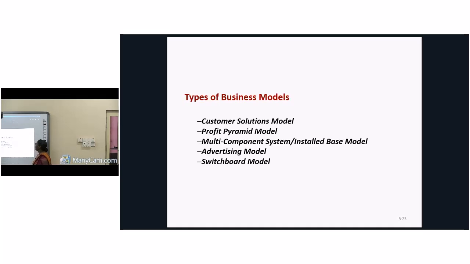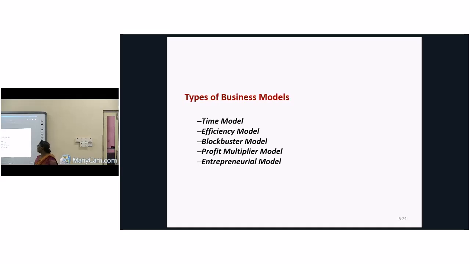There are other models: time models, efficiency models, blockbuster models, profit multipliers, entrepreneurial models. Entrepreneurial models are very common nowadays. So, these are ways of making money for the company. Entrepreneurial models develop new things, new products and take risks. That is how they make their money.